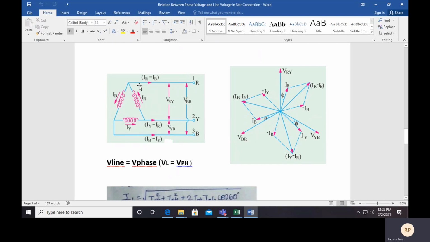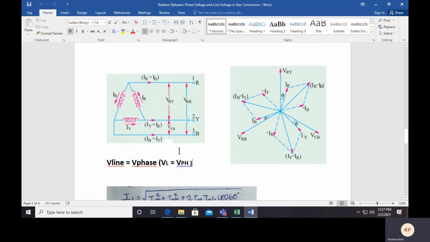At terminal 1, by observing this, we can easily say that the current available at terminal 1, which is the line current, is nothing but IR minus IB, by applying KCL. Same way, at node 2, IY minus IR is the line current for Y. IB minus IY is the line current for B. So by applying Kirchhoff's current law, we can identify the mathematical relationship between phase and line.